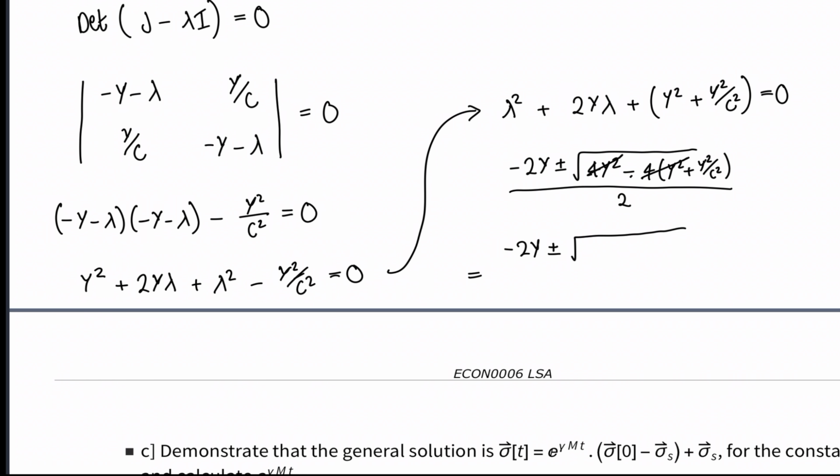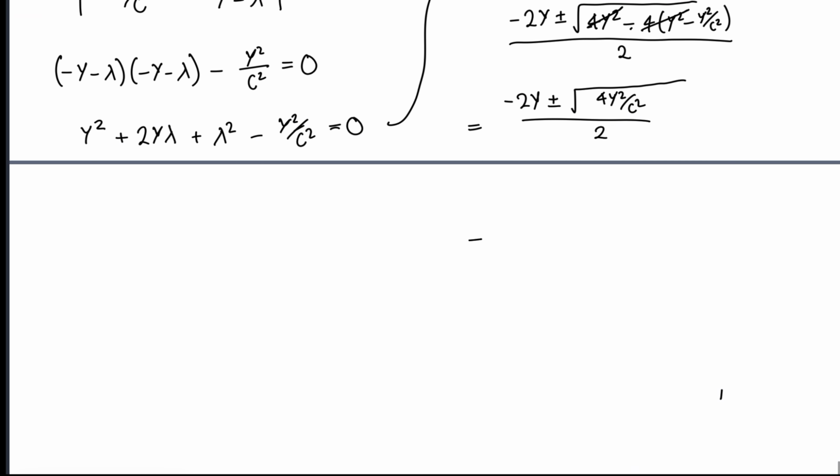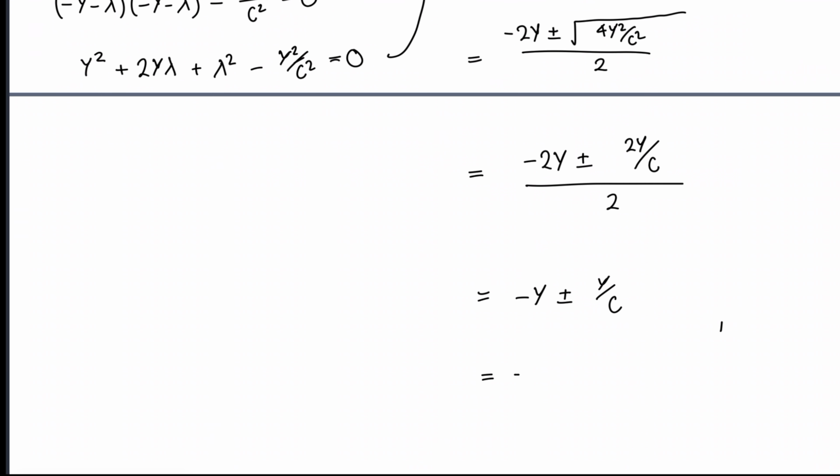That's my mistake, this should be a minus, and so should this. So we're left with 4 gamma squared over c squared, all over 2. And so finally we have minus 2 gamma plus or minus 2 gamma over c, all over 2, which can be written as minus gamma plus or minus gamma over c. And if we factorize out the gamma, we have minus gamma times 1 plus or minus 1 over c.